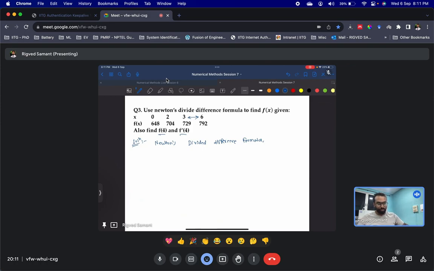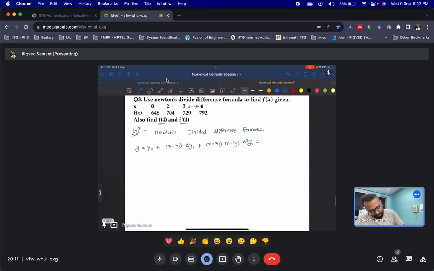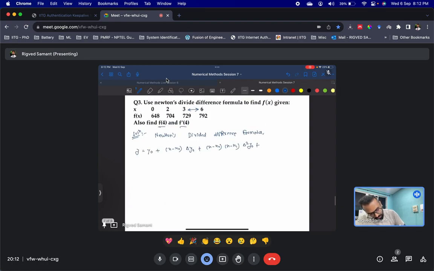The formula is y is equal to y naught plus x minus x naught into delta y naught plus x minus x naught into x minus x1 into delta square y naught plus, now here we have n is equal to 4, meaning the order would be n minus 1, that is 3.